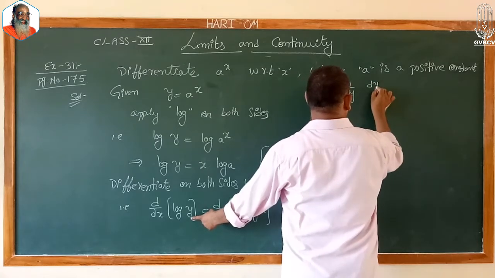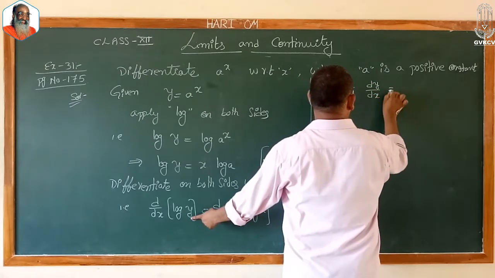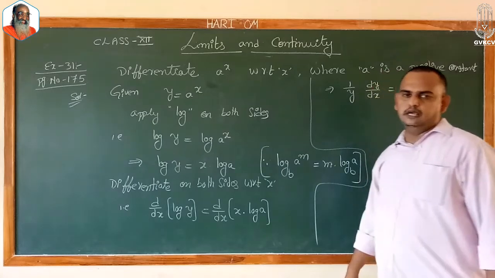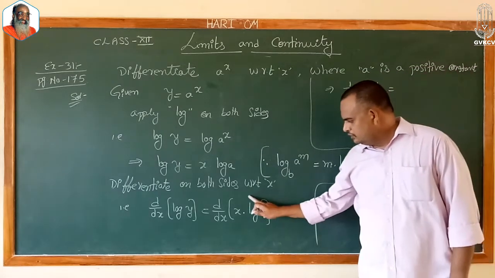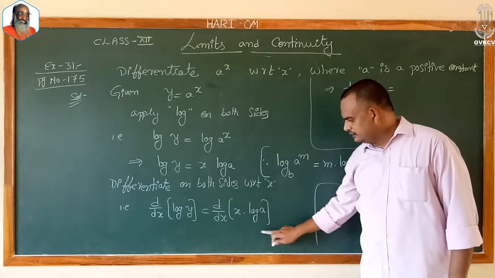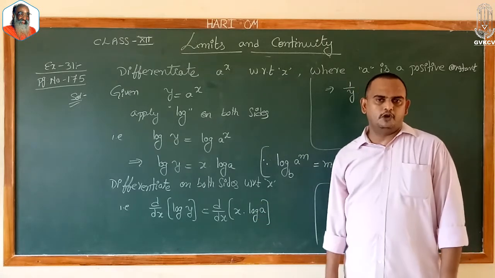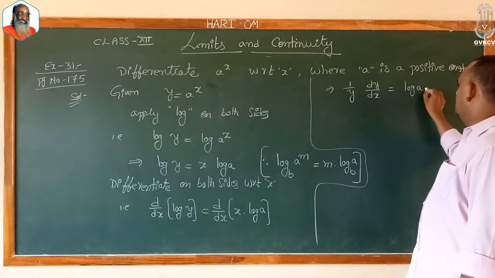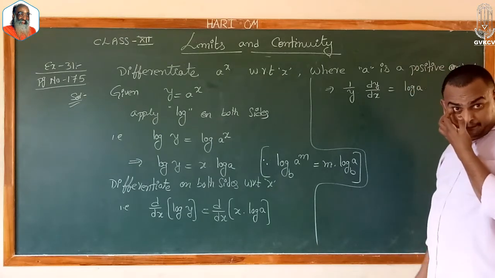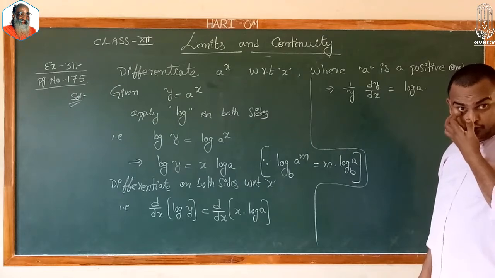So again we need to differentiate y, so that we have dy by dx. Now log a is nothing but a constant. So we have log a.